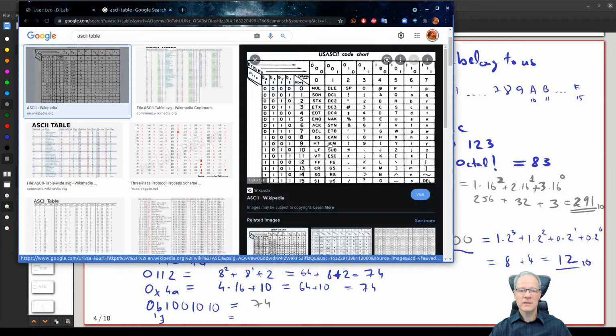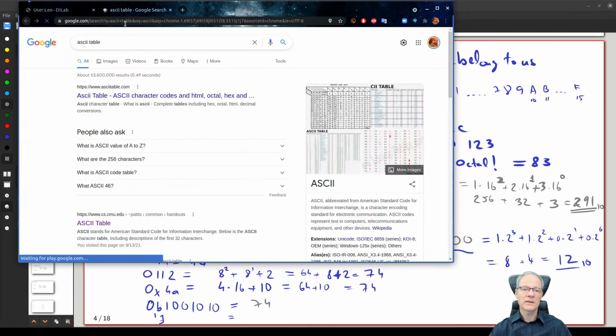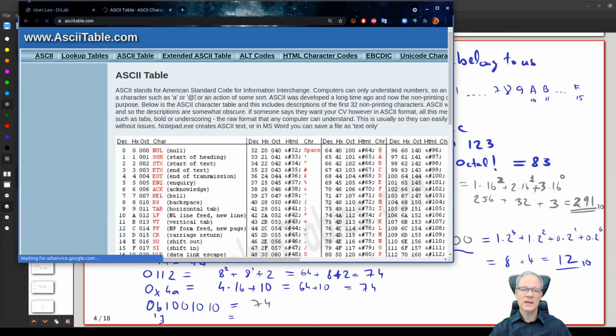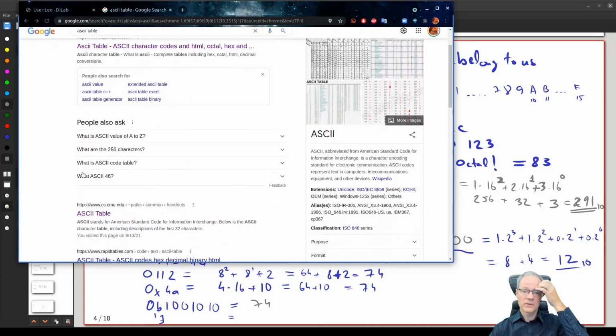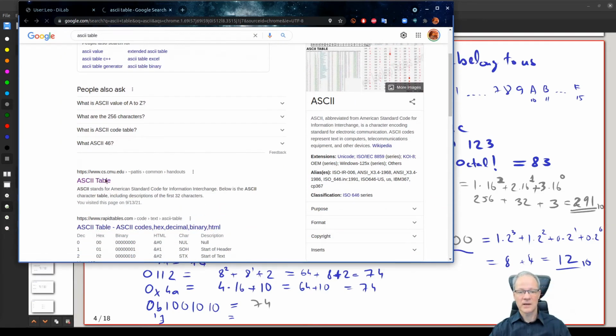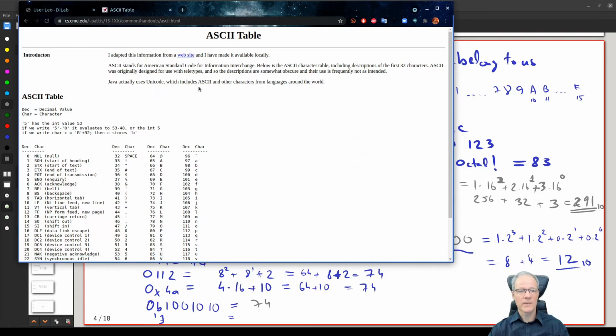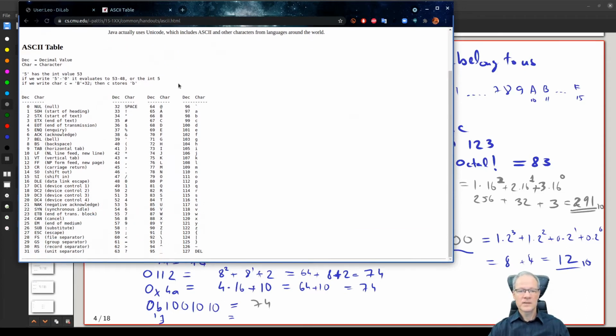Meaning that every digit, every symbol has a code, and if we actually go to an ASCII table, here at Carnegie Mellon University, CMU, we can see that every symbol has a code.